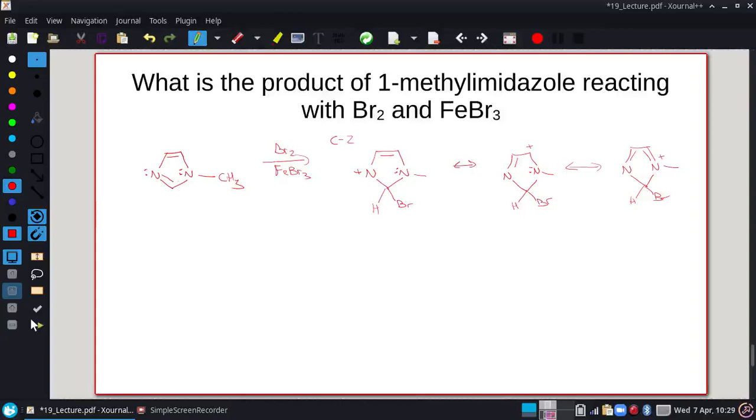So let's look at C4. And we're going to do the same thing. I'm going to change the ink color here. So I have nitrogen, but I'm adding it up here now. H and Br. This still has the methyl. The double bond was here, so that location becomes positive. This still is a double bond, that's still a lone pair.